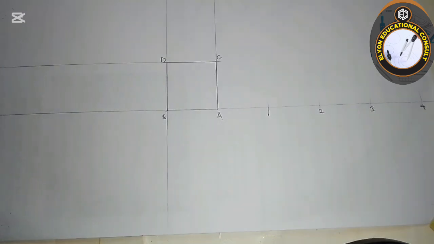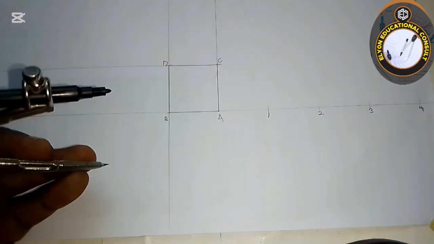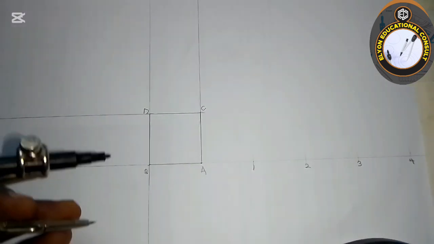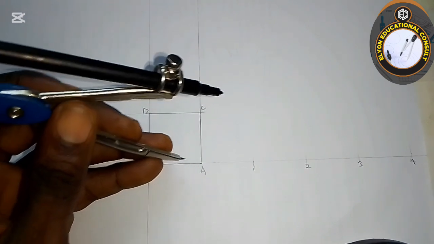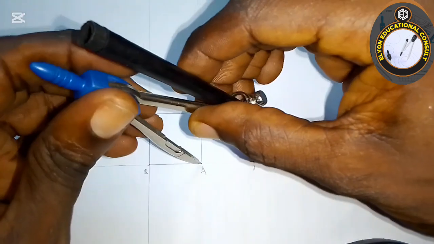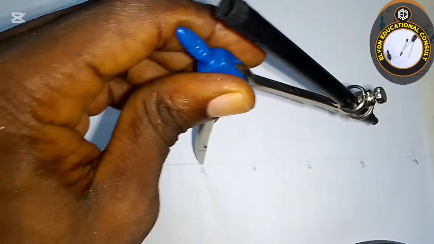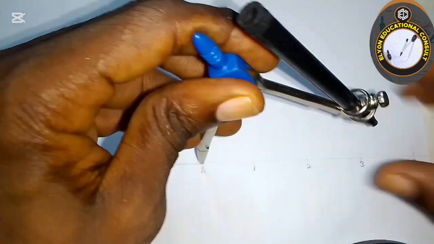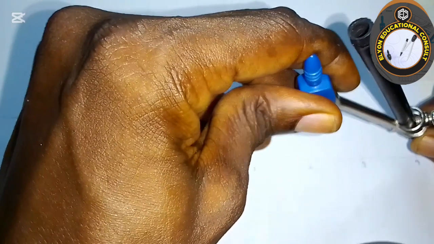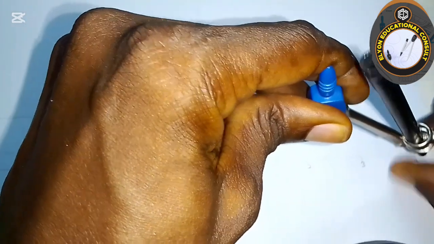So let's draw the involute out now. What I'm going to do here is put the needle on point A of the square. I will stretch my compass to this 4 this way. You can carefully do that. Make sure it's on 4.